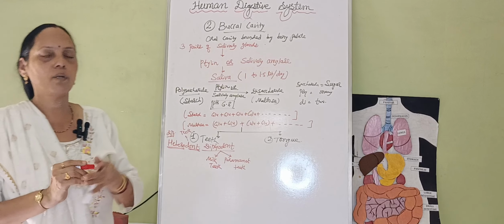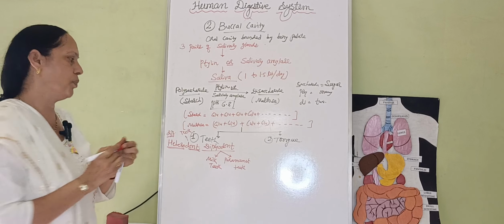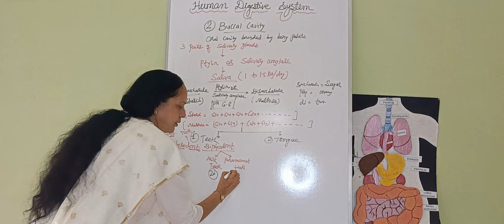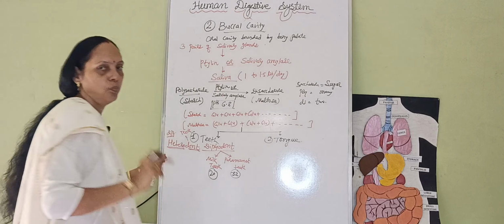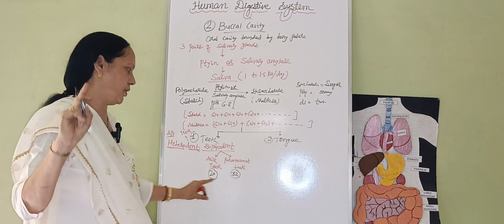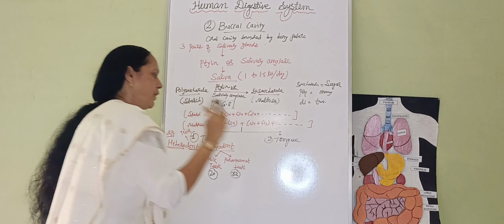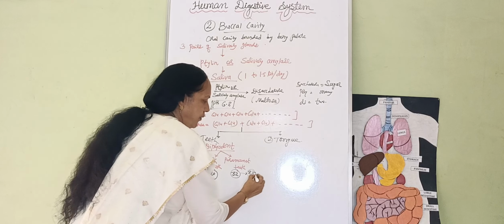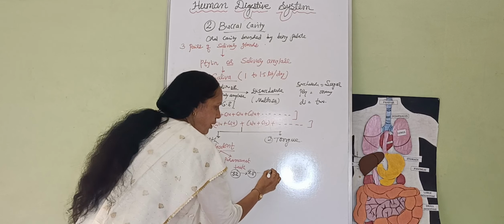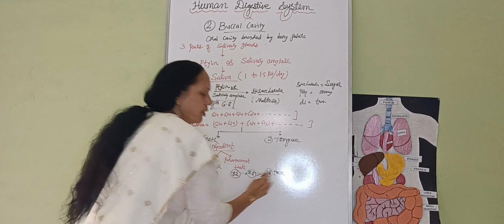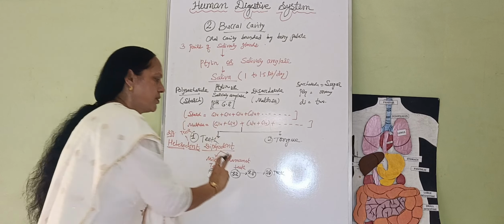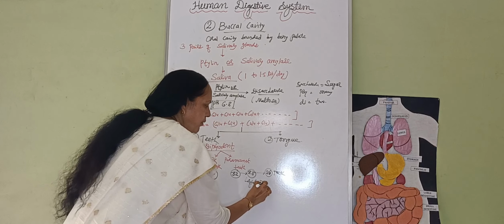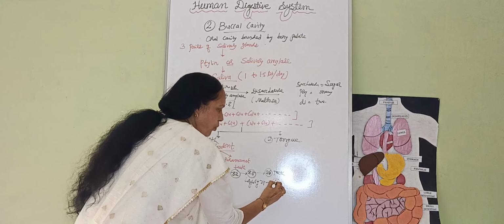Now how many milk teeth are there in total? Milk teeth are 20 in number, and our permanent teeth are 32 in number. Of those 32, up to the age of 25, a person will have only 28 teeth, and after the age of 25, a person will get 4 more teeth.